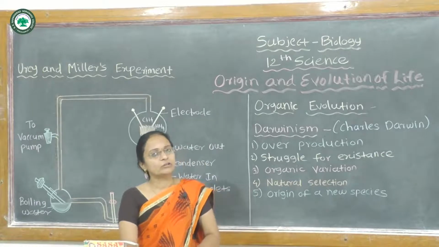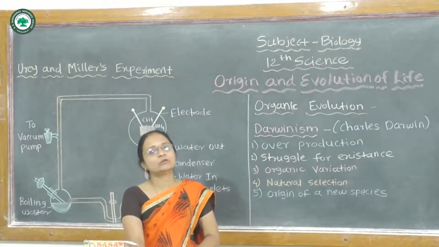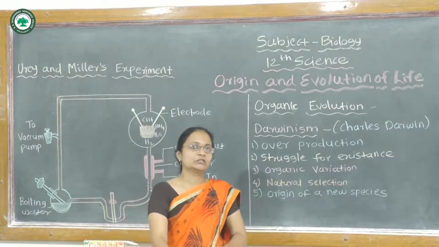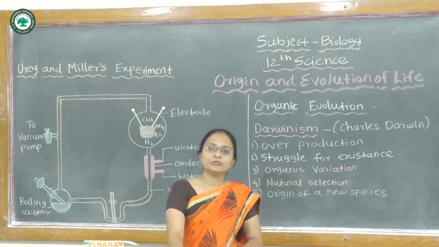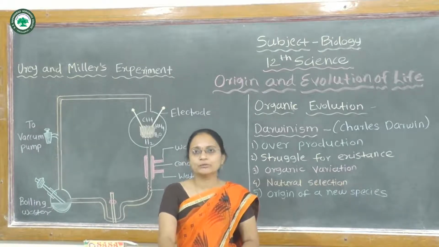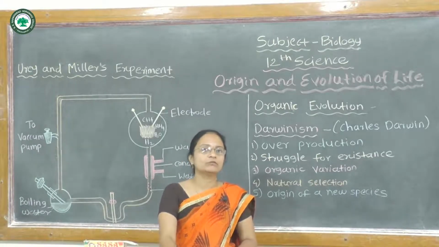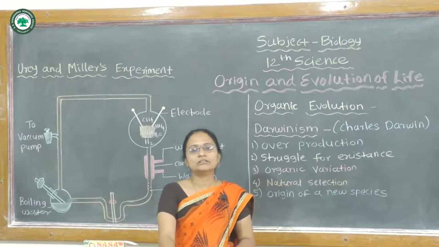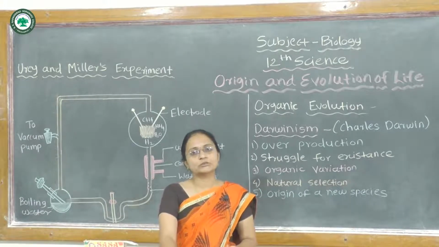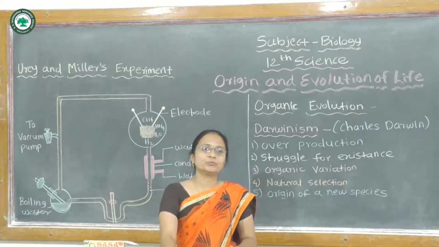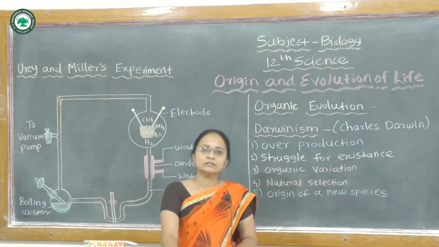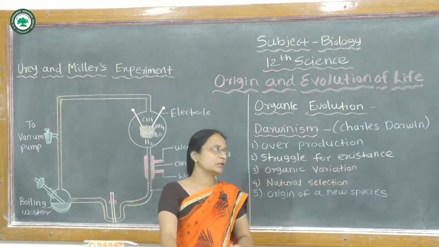Whatever organisms are living on the earth's surface now, or lived earlier, they have to struggle with their enemies, for their food material, and for their living conditions. All these things animals have to face. And the strongest animals, or those that can adapt to the climatic condition, automatically survive.